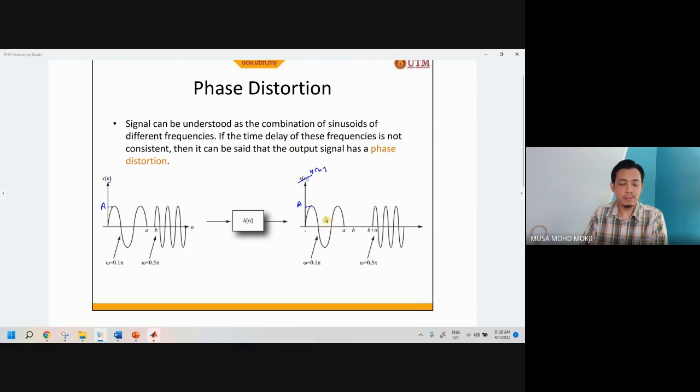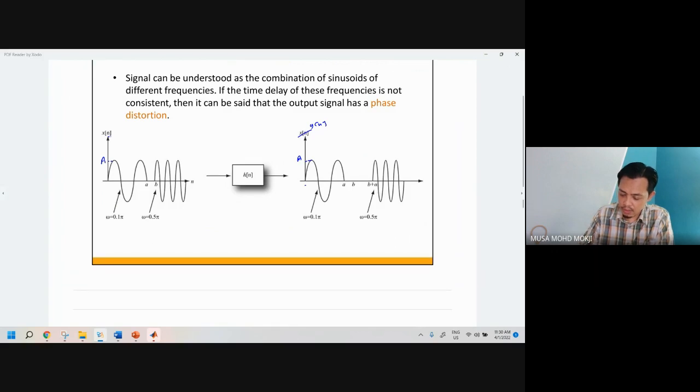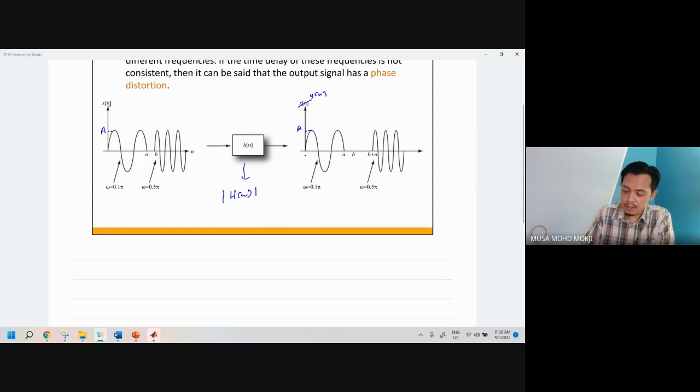Okay, so what do you think? What happened here? What does this filter do to this frequency? Okay, so we can have H(omega). Let's say this is the magnitude, and this is the phase. Clearly, it doesn't do anything to this frequency.